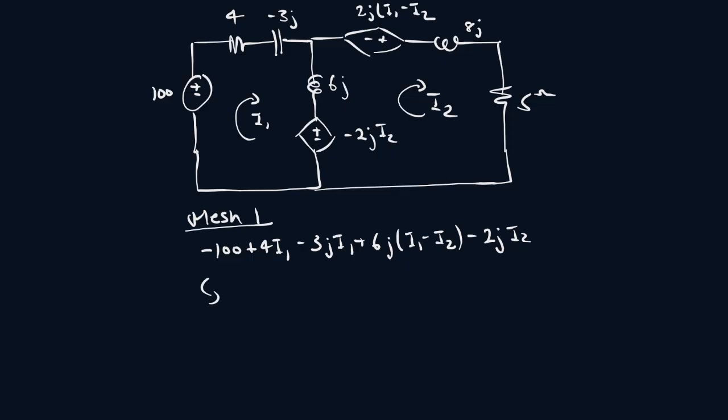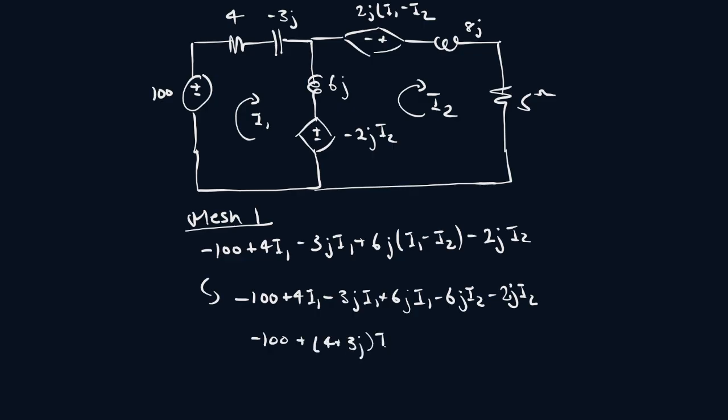This simplifies to minus 100 plus 4I1 minus 3jI1 plus 6jI1 minus 6jI2 minus 2jI2. And when we collect like terms, we should get minus 100 plus (4 plus 3j) I1 minus 8jI2.